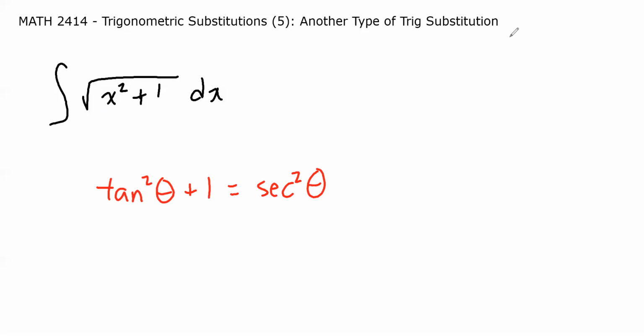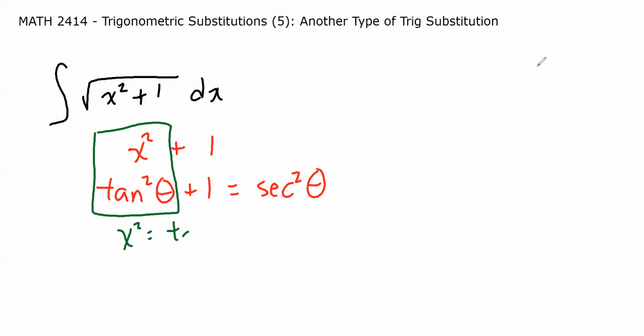And so, if we match our addition problem with that addition problem inside that identity, then we know exactly what we want to match up. We need x squared to become tangent squared theta, which means we need x to equal tangent theta.